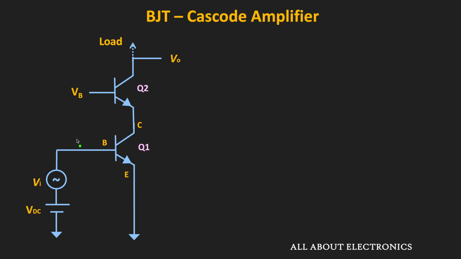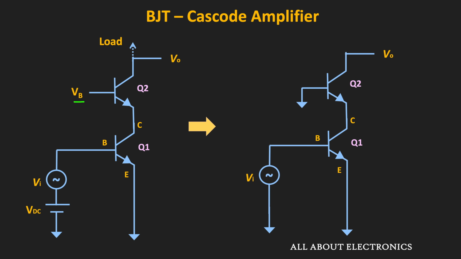From the DC biasing perspective, this second transistor Q2 is biased with some fixed voltage. But from the AC analysis perspective, this base terminal gets connected to the ground potential, and similarly, this DC voltage source will also get short circuited. Now, let us replace each transistor Q1 and Q2 by its small signal model.